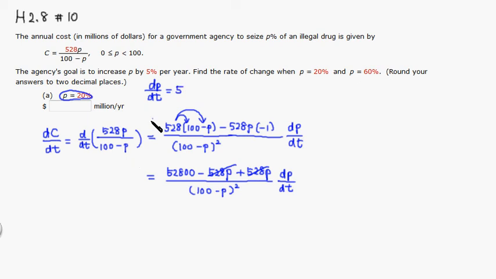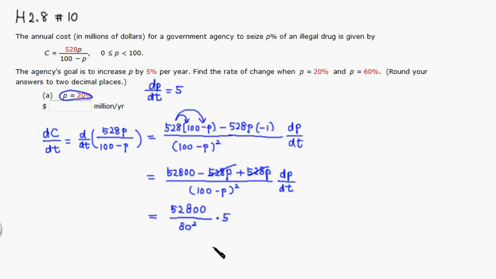Let's plug it in: 52,800 divided by 100 minus p. P is 20, so 100 minus 20 is 80, so it's 80 squared, then multiply by dp over dt, which is 5.